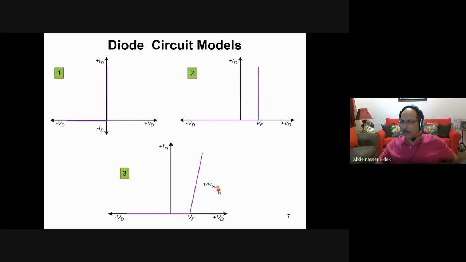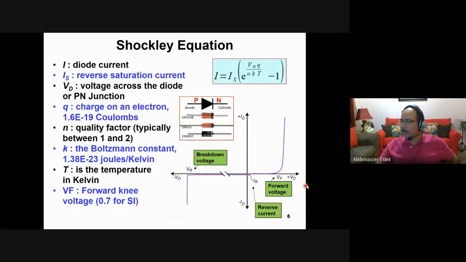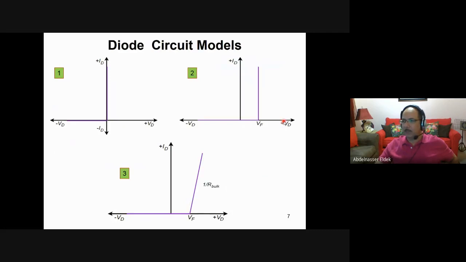If you look at the previous slide, it is almost linear here. So the voltage over the current is a resistance, which we call R bulk. You can use any of these. Usually we use this one here. This is the most famous one, because we assume that the voltage is constant, 0.7 volt, for example.